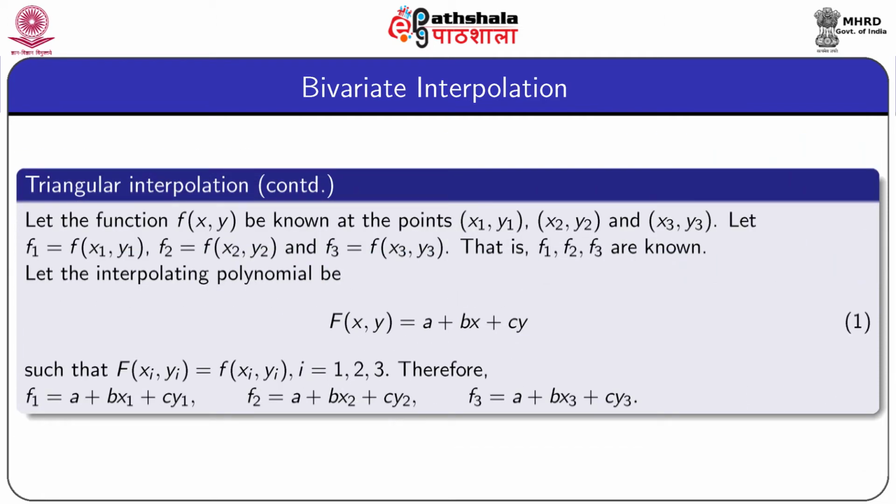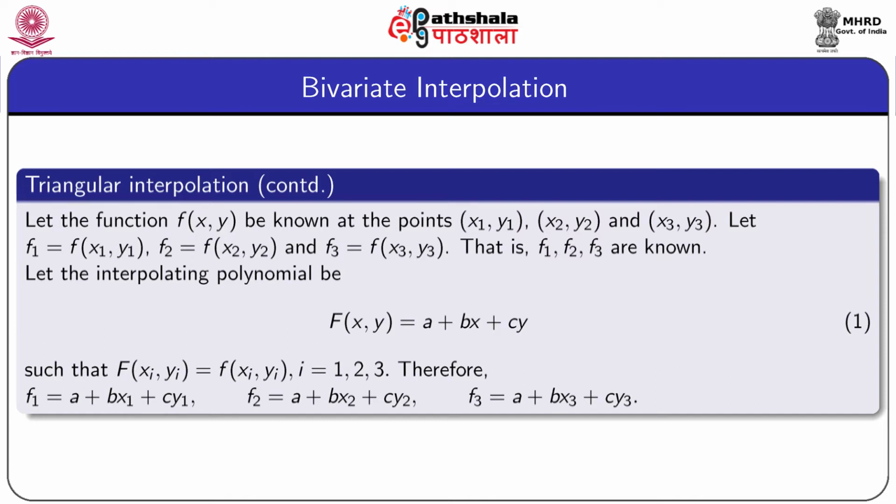Let the function small f of x y be the given function, but its explicit form is not known, while the 3 points x1 y1, x2 y2 and x3 y3 are given. That means the vertices of a triangle are given. Let f1 equal f of x1 y1, f2 equal f of x2 y2 and f3 equal f of x3 y3.